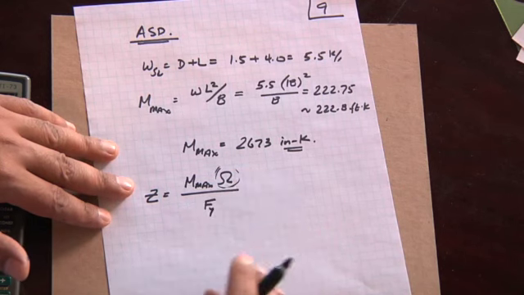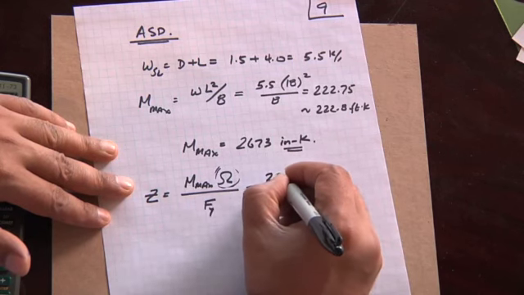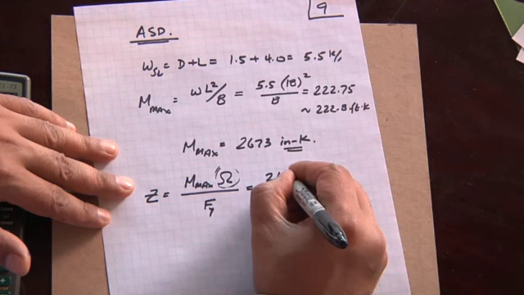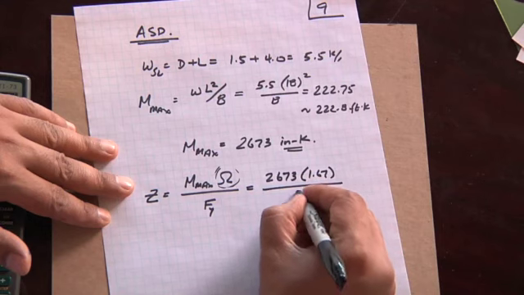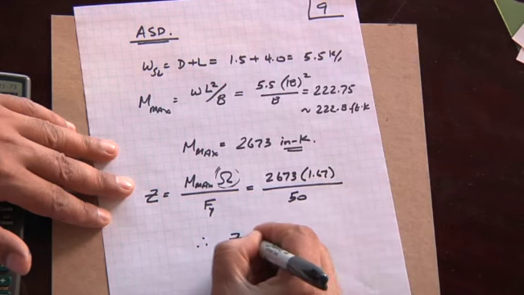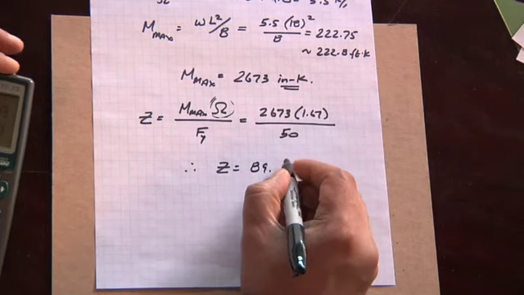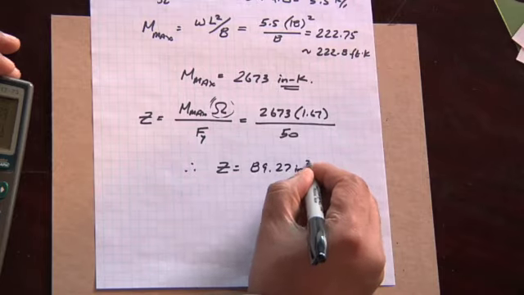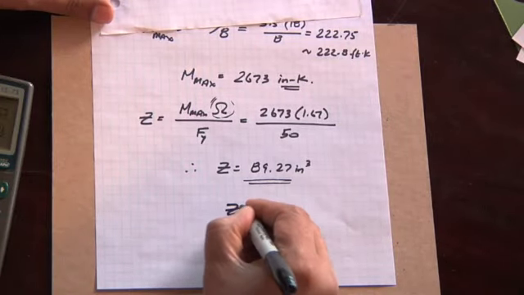This has all of the load factors that we talked about earlier buried into that overstrength factor multiplied by the moment: 2673, 1.67 is our overstrength factor, divided by 50, which will give us our Z. So that's 2673 times 1.67 divided by 50, which gives us 89.27. Not exactly the same answer, but reasonably close. It gives us the same solution, which is Z is 89.